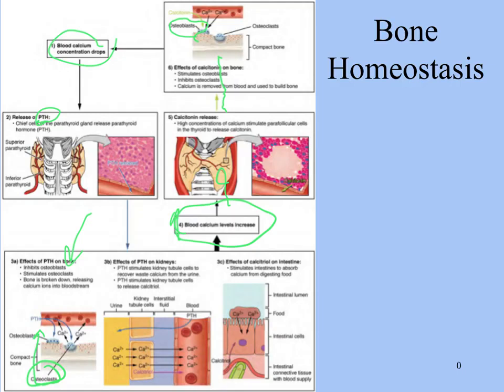When blood calcium has decreased, that will go back to the thyroid gland, shut off the release of calcitonin, which will then shut down the activity of osteoblasts. So this is a mechanism by which the osteoclast and osteoblast activity is regulated by the amount of calcium that is circulating in the blood.